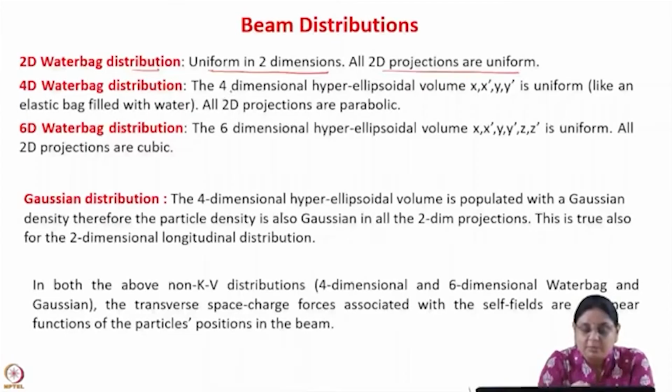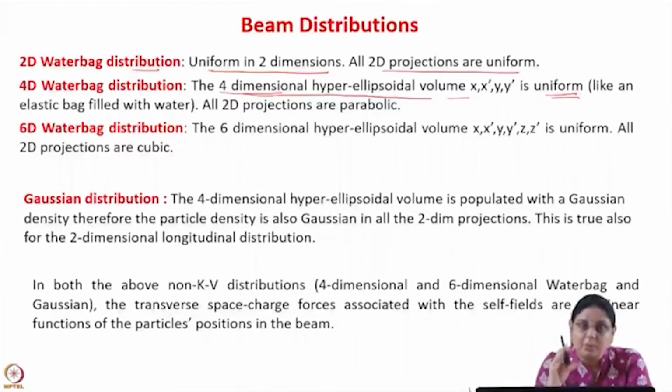In the 4D water bag, the four dimensional hyperellipsoid volume is uniform, like an elastic bag filled with water. So the entire volume charge is distributed uniformly in the entire volume. And if you take any 2D projections, they are parabolic.